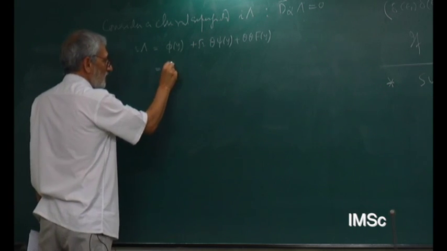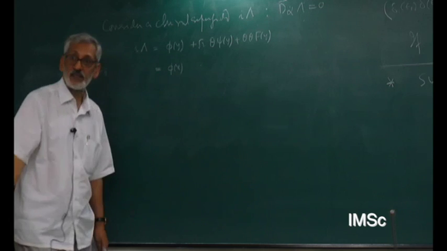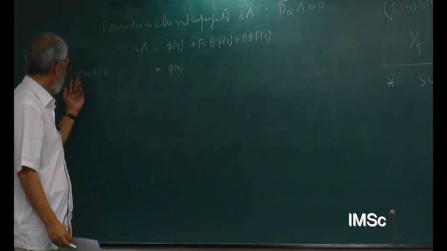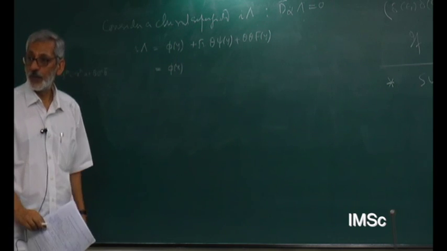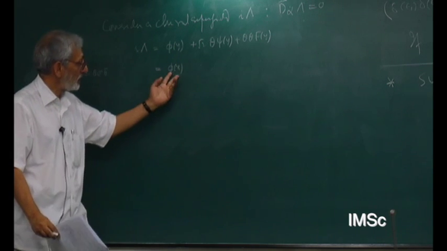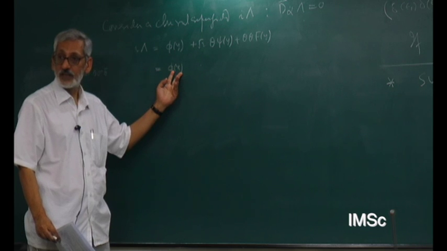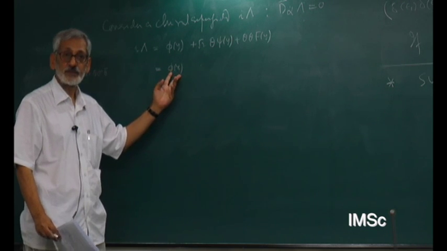I can make an expansion of this object. We have written this expansion several times, a Taylor expansion around x, and write down this whole multiplet, where the components are functions of x.